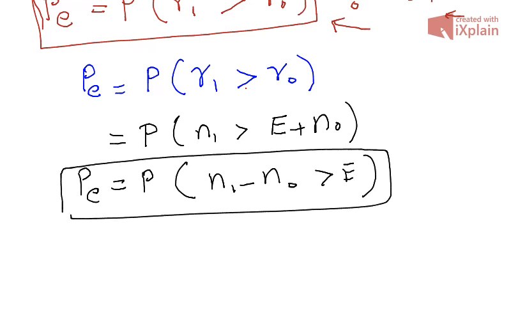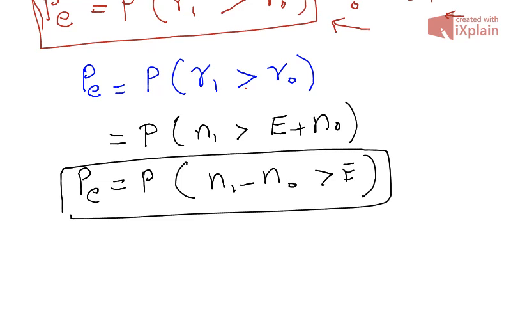Now we say that N0 and N1 are zero mean Gaussian. It is already mentioned in our text that N1 and N0 are zero mean Gaussian processes. Now if it is Gaussian, it means the difference of these two is also Gaussian, right?